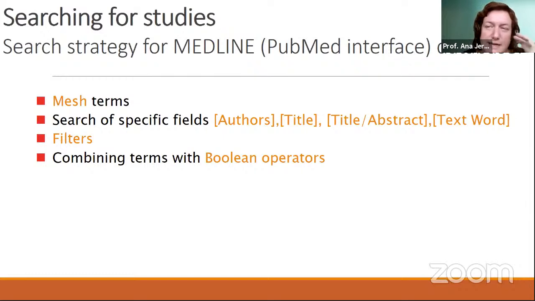There are several aspects of this database that are particularly important. First is MeSH terms. So think of MeSH terms as bookmarks that are put on records of different studies by specialists who read abstracts and categorized studies.